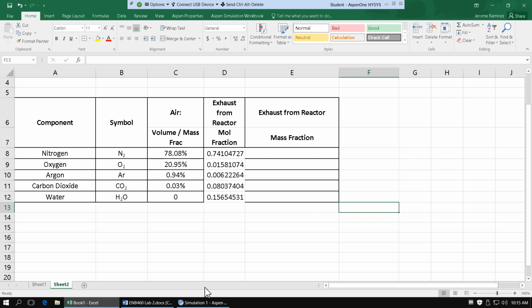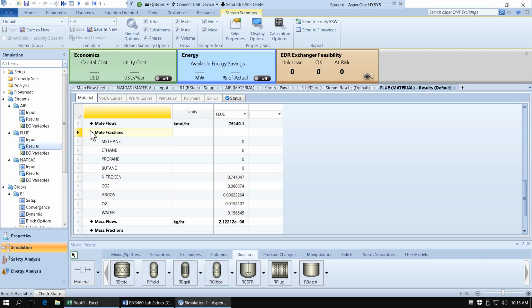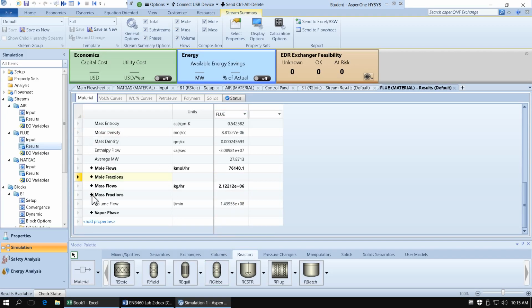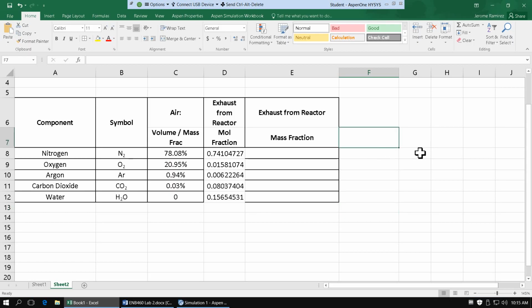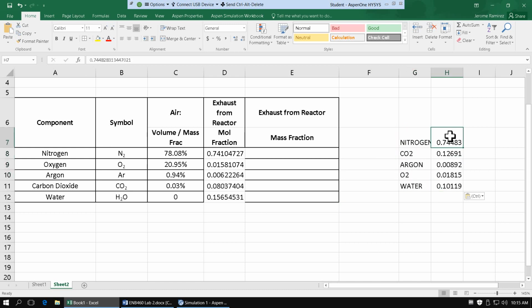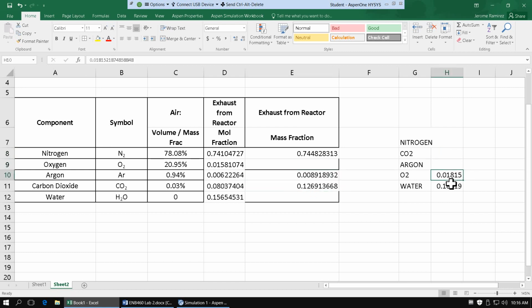Right, and then you can do the same for mass fraction. So nitrogen there, CO2 there, argon, O2, water.